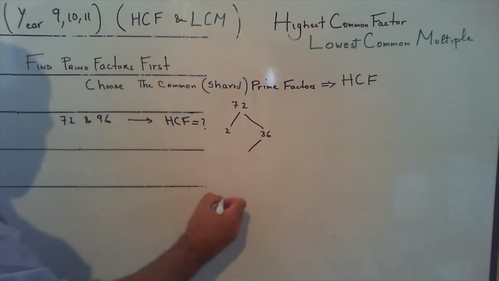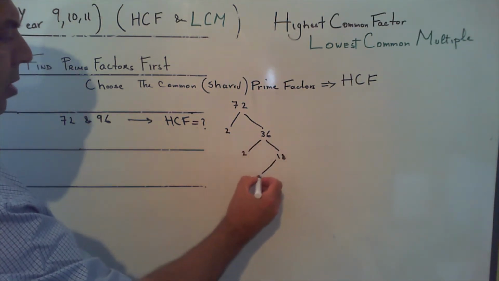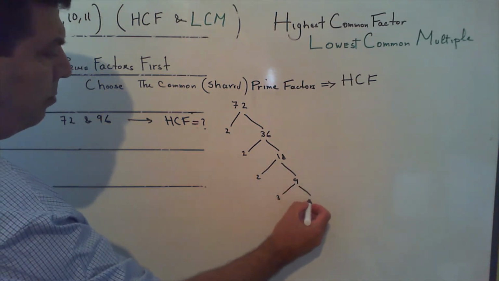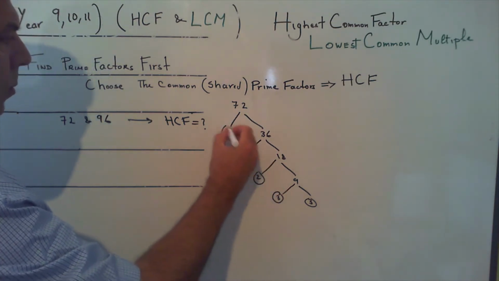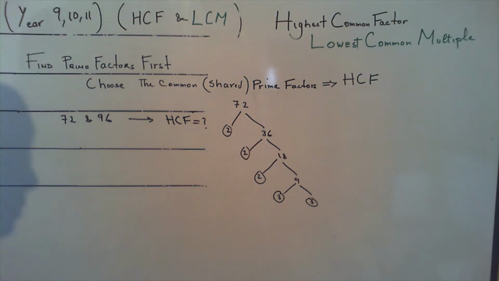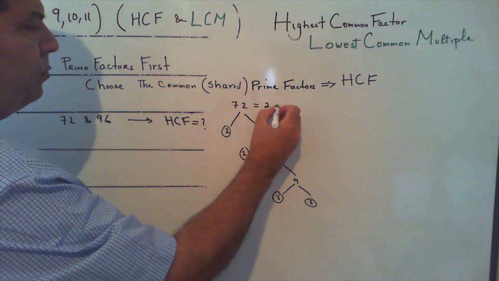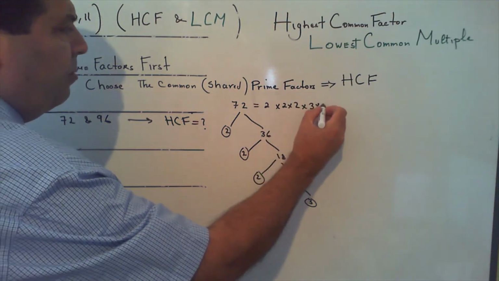Then can I divide by 2? Yes, I can, and I got 18. Can I divide by 2? 9, and 3 and 3. So I can write that 72 equals 2 times 2 times 2 times 3 times 3.